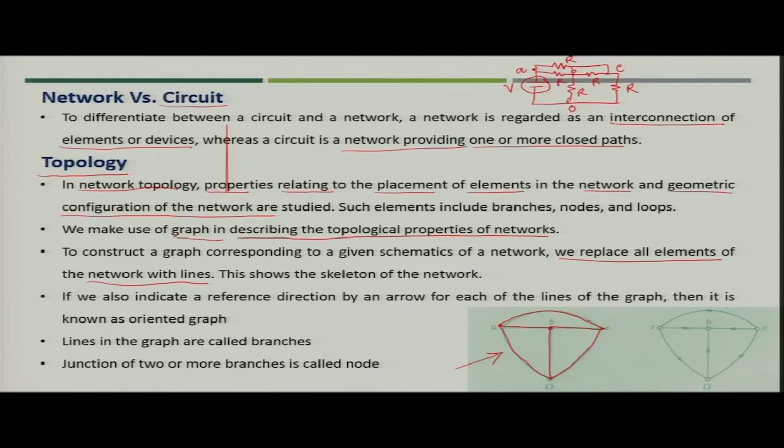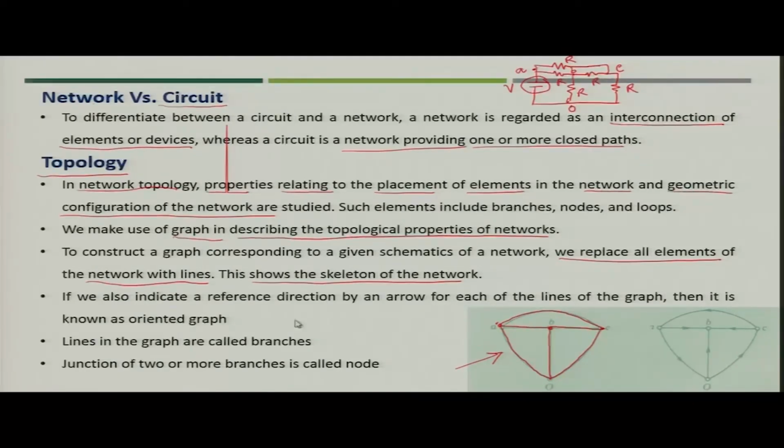This is very important because we have various topological properties associated with it, which will help us to analyze the circuit. Now, what we got is the skeleton of the network. Here the elements which you will see are nodes, loops and branches.